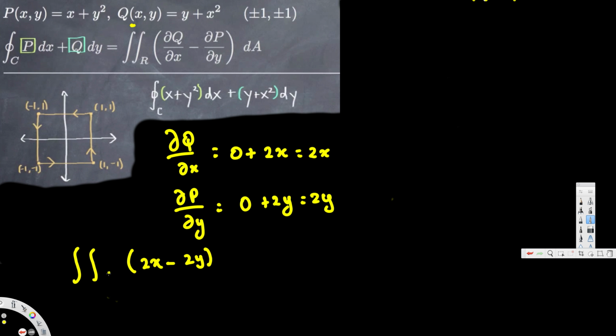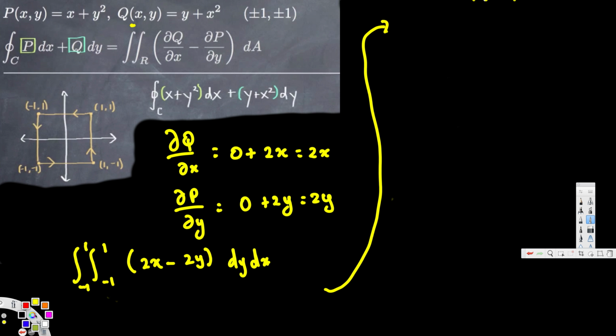Here we always do the y first, so the y region is negative 1 to 1. Instead of dA we place dy dx, and the y region goes from negative 1 to positive 1, and the x region is also from negative 1 to positive 1. Now we can go ahead and do the integration.